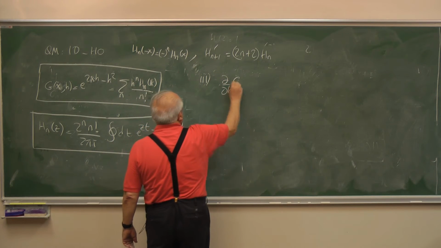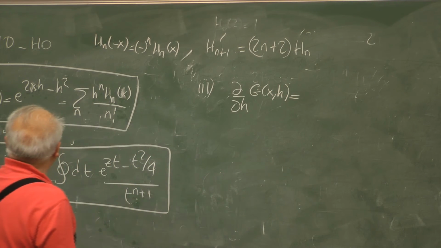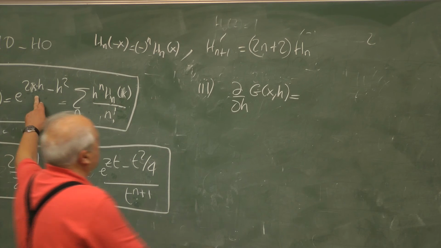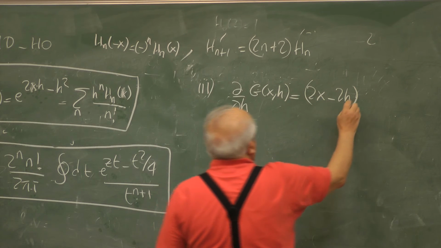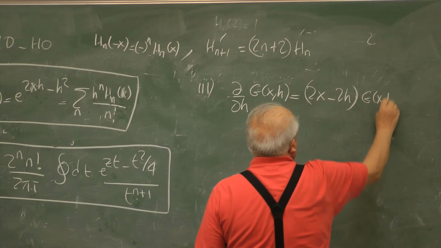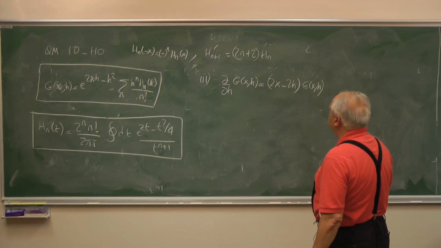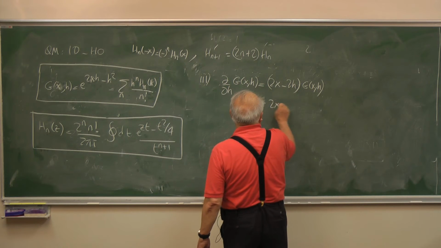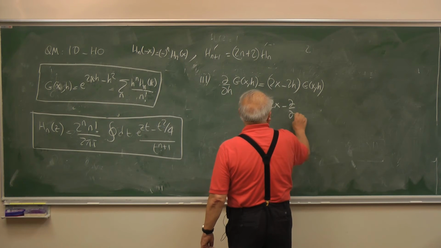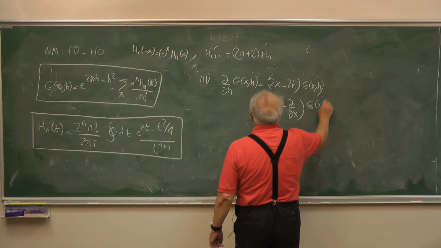The derivative with respect to h of g of x, h is equal to 2x minus 2h g of x, h, and for 2h we can write 2x minus d by dx, g of x, h.